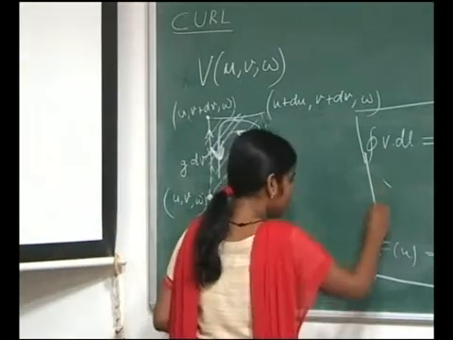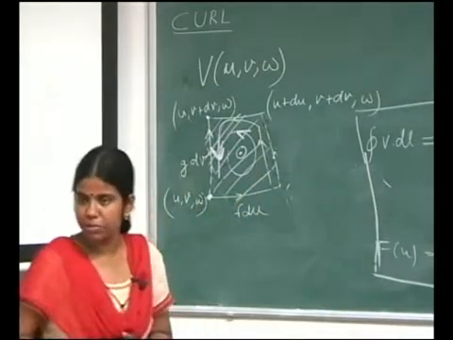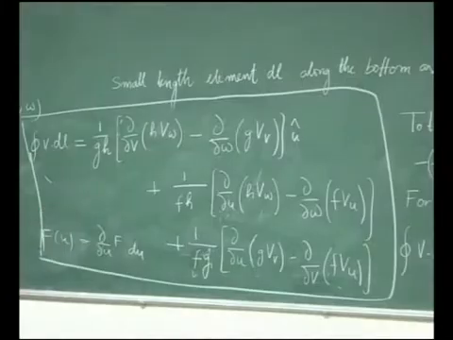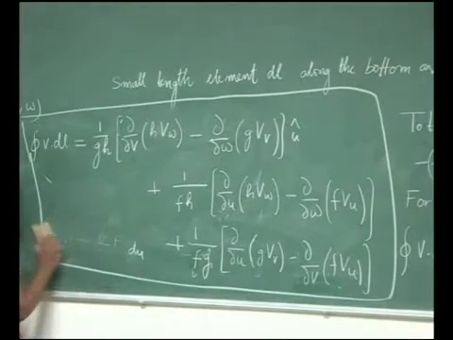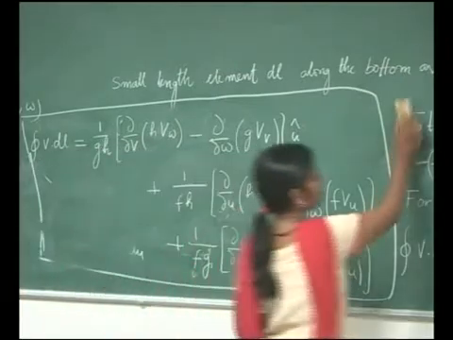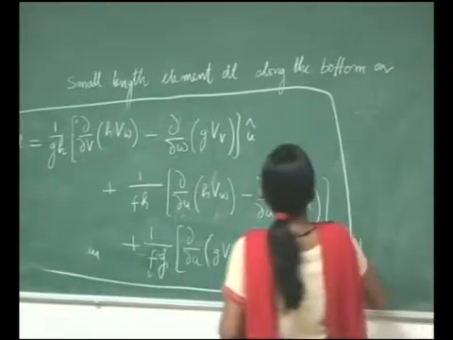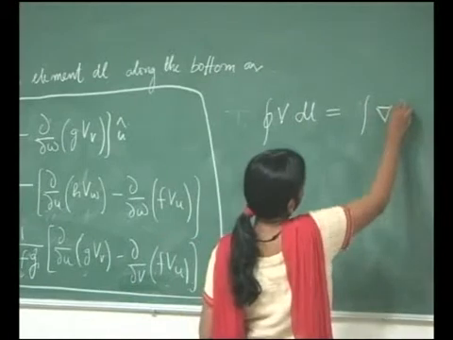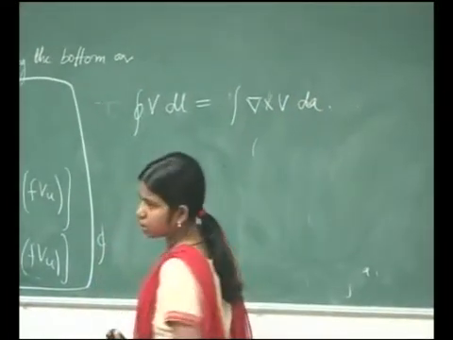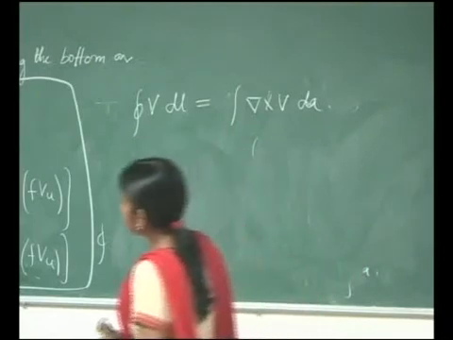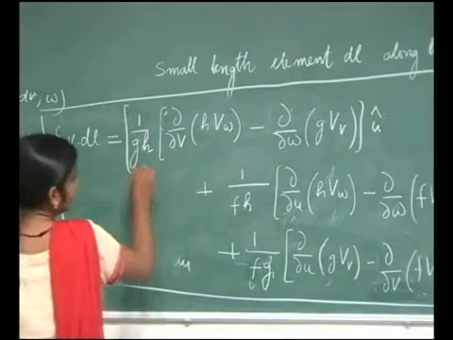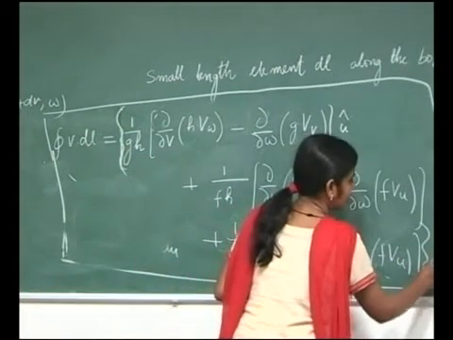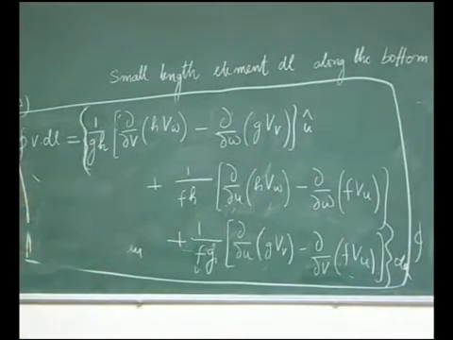So, this is the curl, and I have given you a table, you wrote down a table for U, V, W, F, G, H. So, you just insert the, okay, now we have not completed it yet. So, I can write that, I will complete this. So, from the theorem that V dot dl is equal to del cross V dA, the whole thing will be inside, there will be an A, dA. Okay.